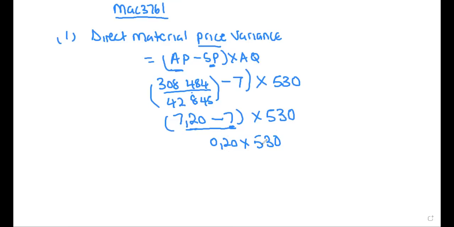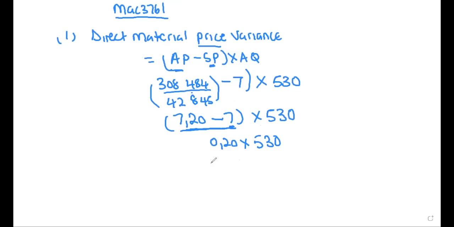But if it was a sales variance, this one was going to be favorable, because we were expecting to use this selling price, but at the end of the year we have this, which means it's going to increase our income. Then in that case, it's going to be favorable. So there is a vice versa between cost variance and sales variance, and you should always take note of this part.